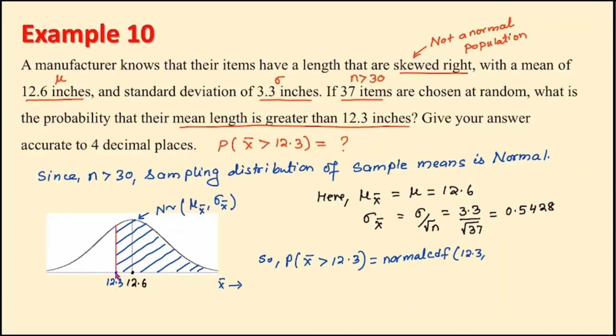The upper boundary, this area goes all the way up to positive infinity, so we write E99. The mean for this distribution is mu sub x bar, which is 12.6, and the standard deviation is sigma sub x bar, which we found is 0.5428.